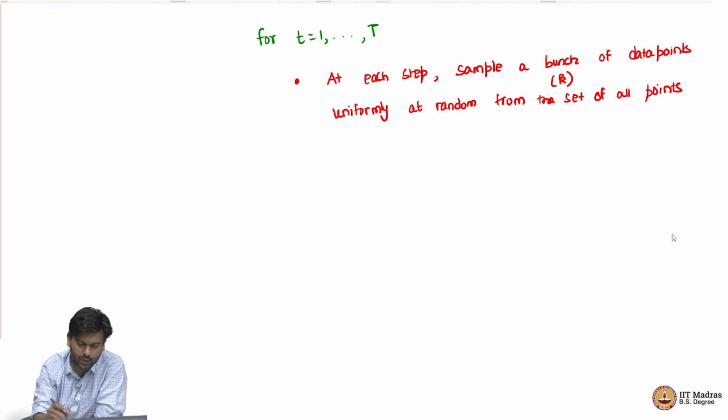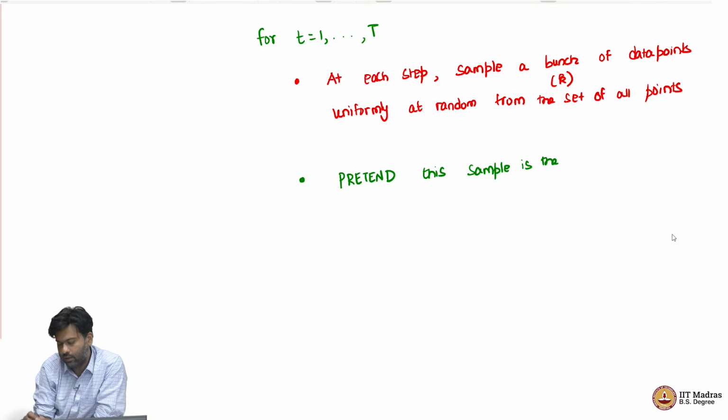Now, what you do in the next step is something interesting. You now don't have a billion data points at hand, you only have 100 data points. Now, you pretend as if this sample is the entire data set, and you take a gradient step with respect to this sample.